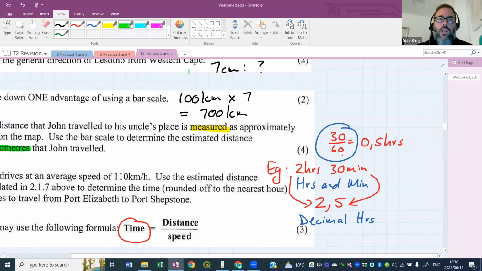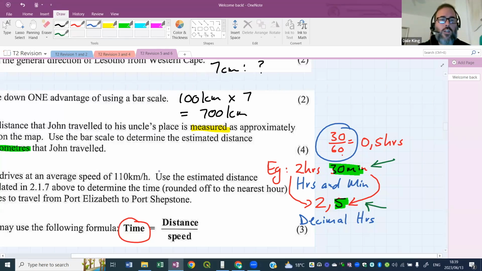So, when we look at the hours and minutes format, the minutes part is a portion of an hour. So we want to know that portion of an hour, how do we express that as a decimal? The numbers on the left-hand side, the 2 over there and the 2 over there, are whole hours. So we just want to know the portion of an hour, which is the minutes part. That's why we only take the minutes over there.